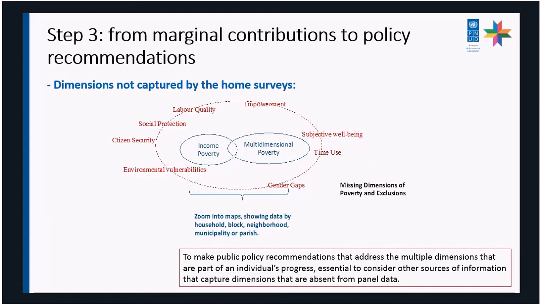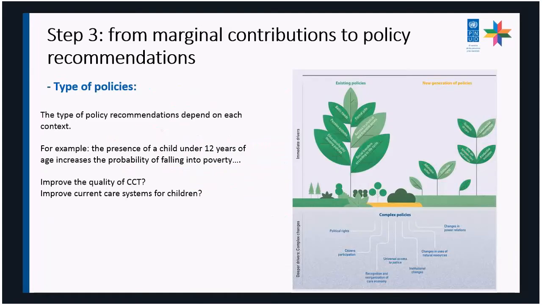So, and finally, what I was saying before, the type of policies. It's very important to understand that there is not a unique kind of policy to make recommendations. Here, in this diagram, we can see 3 groups of types of policies that we created.